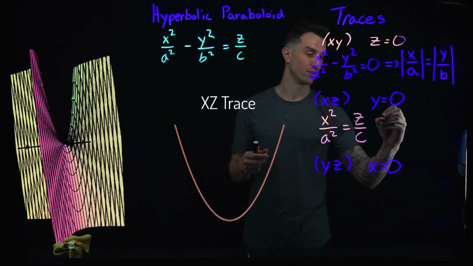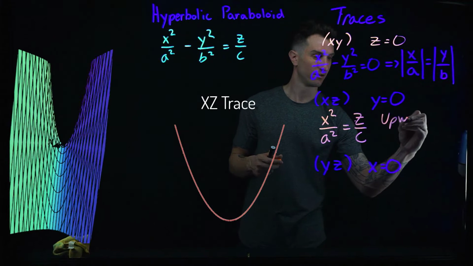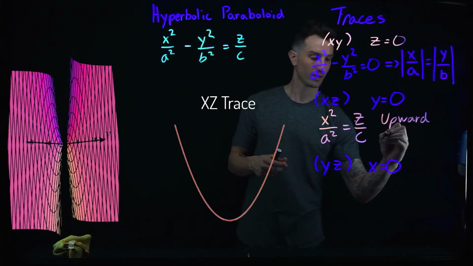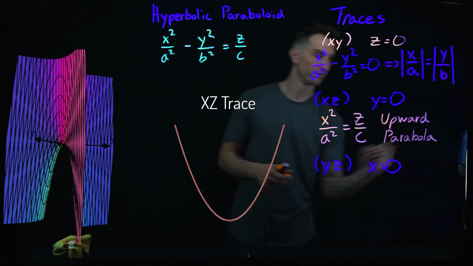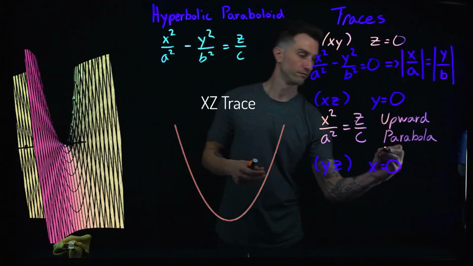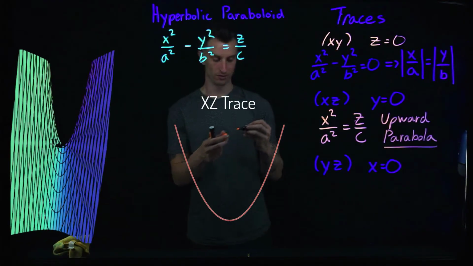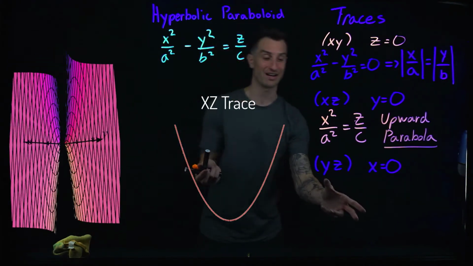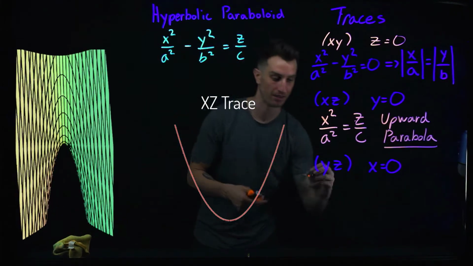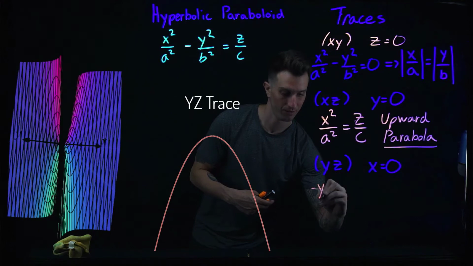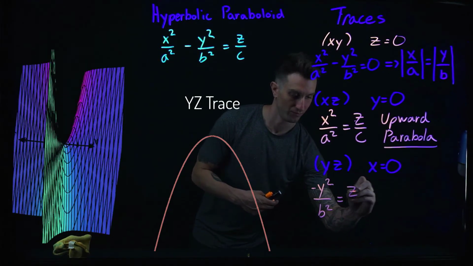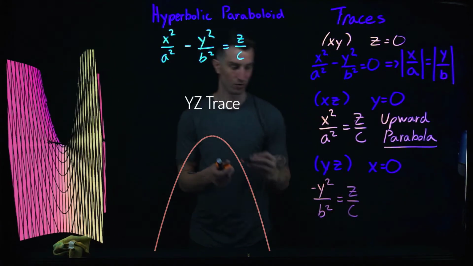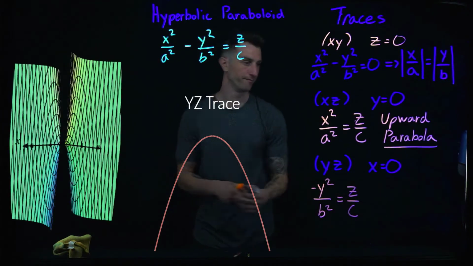So we'll just put upward parabola. Okay, and same thing down here, except notice we have a negative sign. So why did I put upward? Because this will be a downward facing parabola.